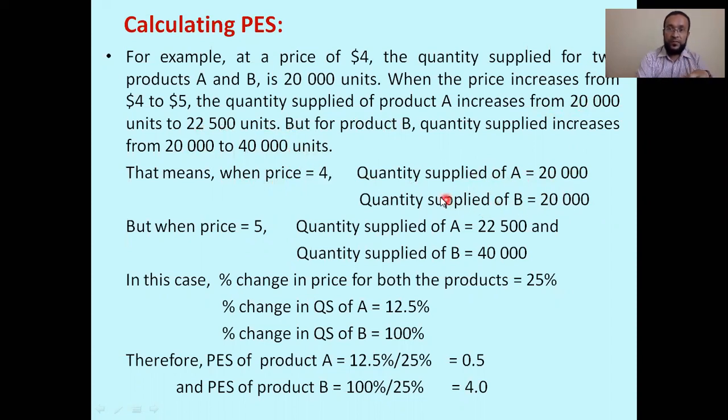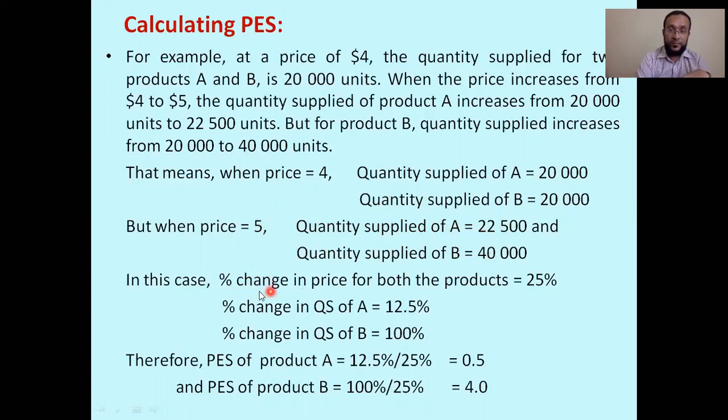But when price increases from 4 to 5, then quantity supplied of product A also increases to 22,500 units. But for product B, it increases more, which is 40,000 units at the higher price.